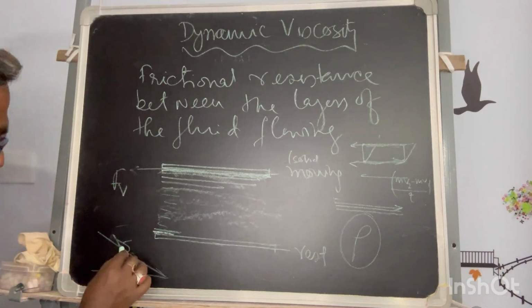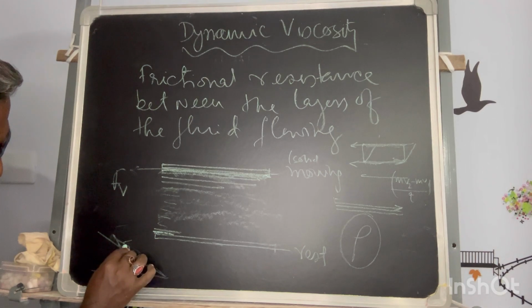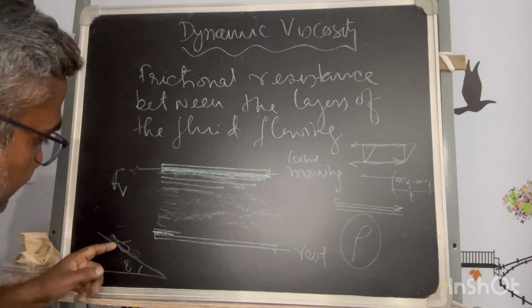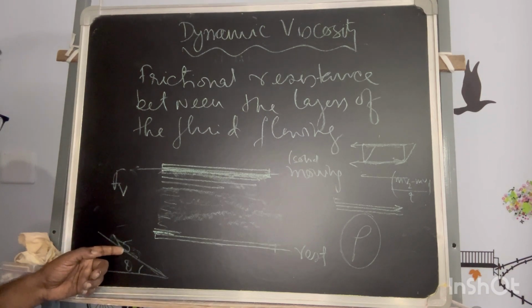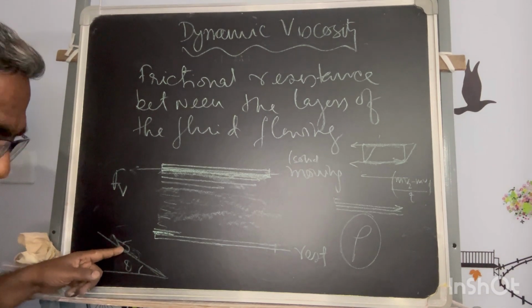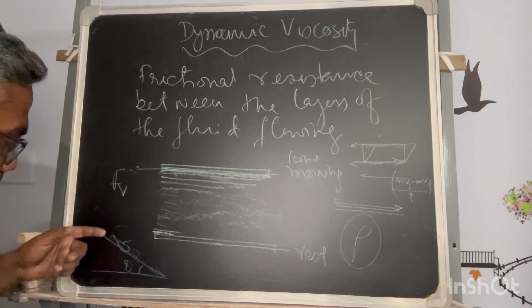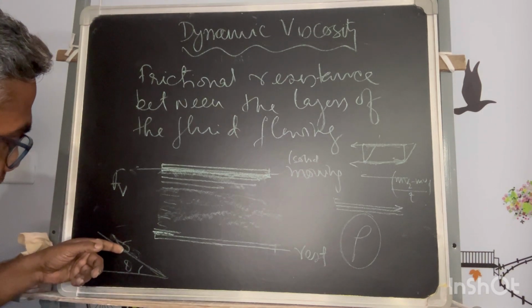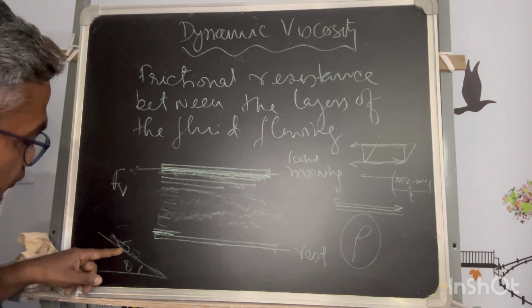The top layer will come first and then the second layer, and water will just slide down. So the frictional force between the surface and the liquid in contact will be less, whereas honey gets more friction, so it will not move so fast.